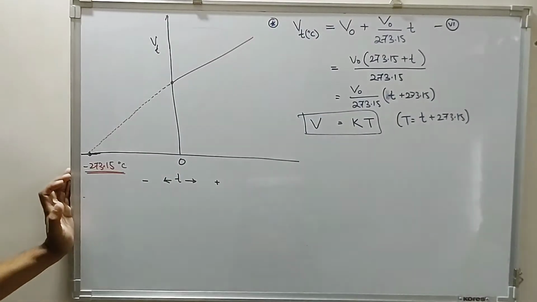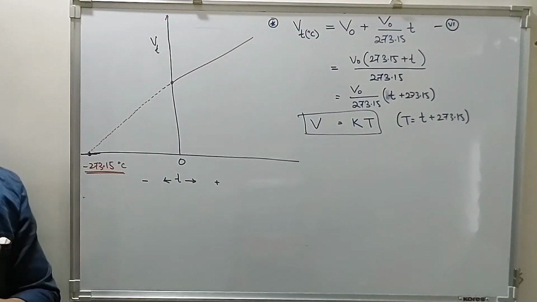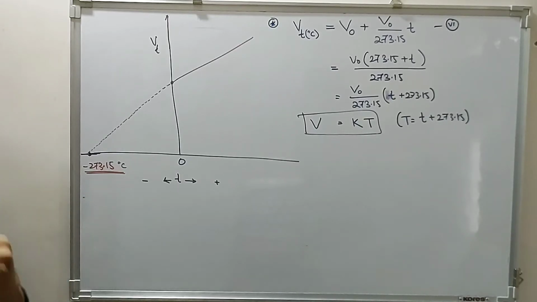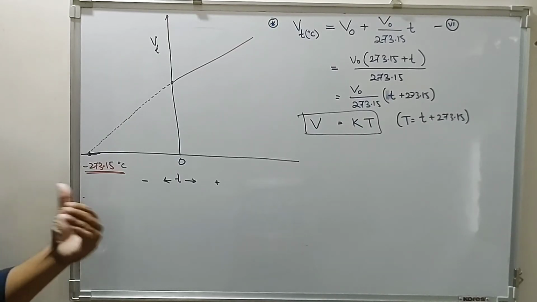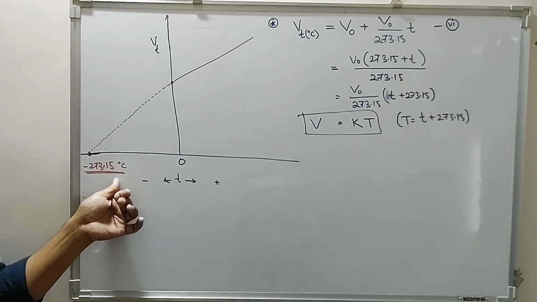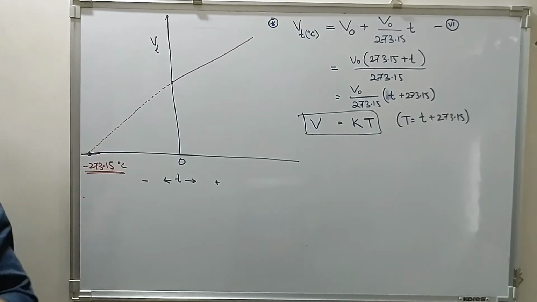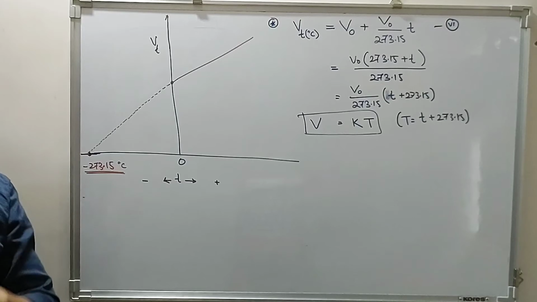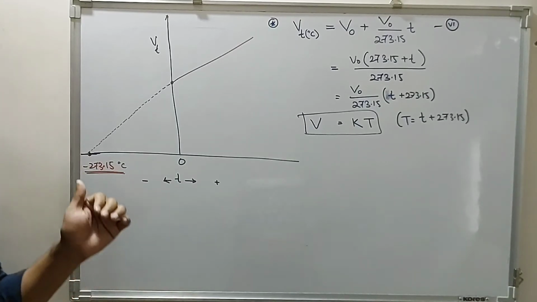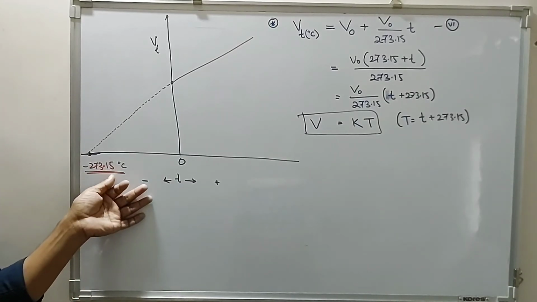So for any given gas, the minimum temperature up to which a gas can be cooled is minus 273.15 degrees centigrade, according to Charles.